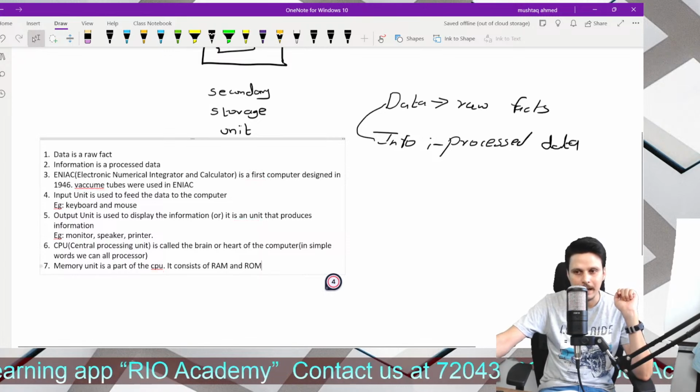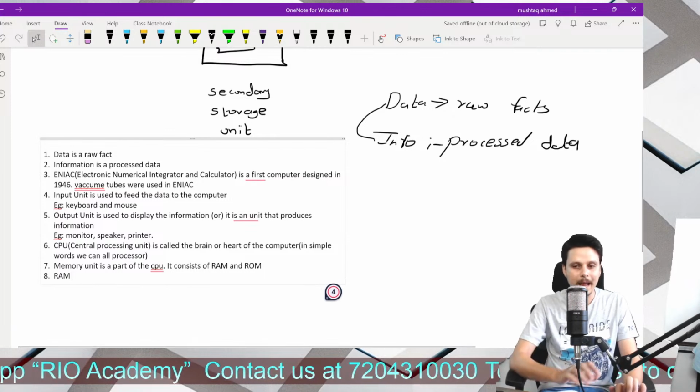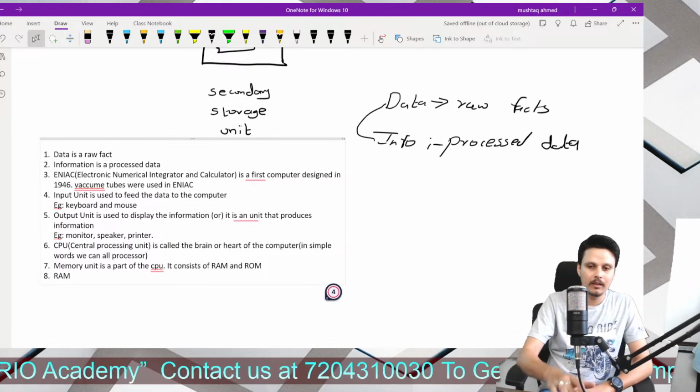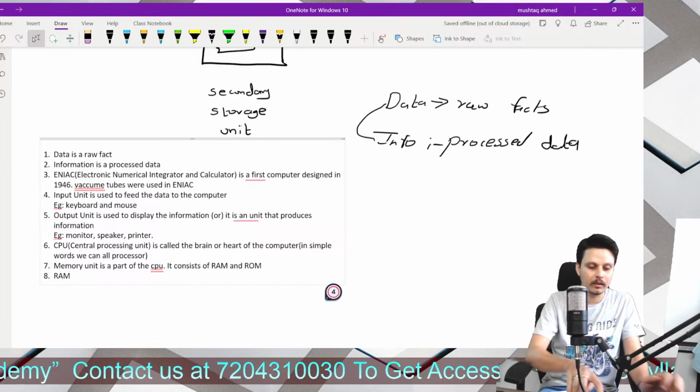What do you mean by RAM and what do you mean by ROM? RAM is a short form of random access memory.